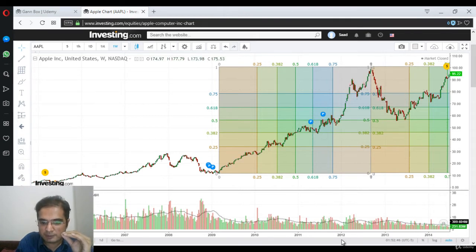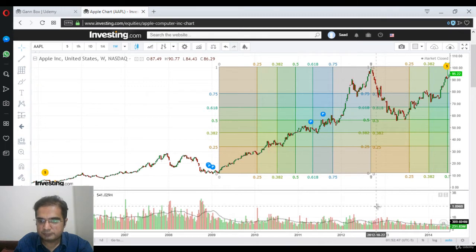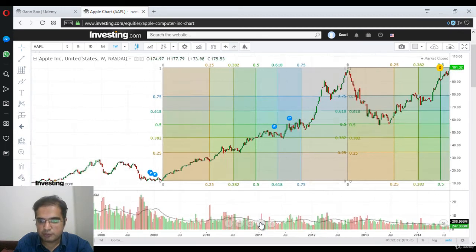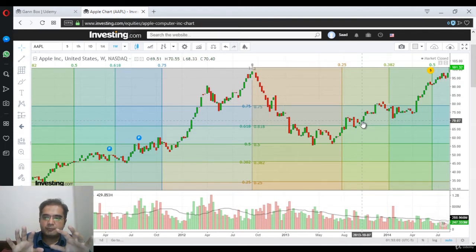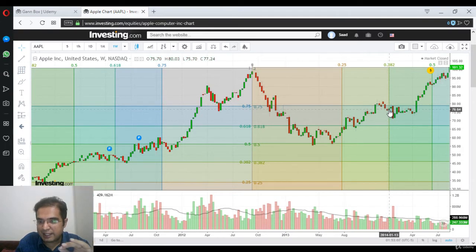If you look closely as we move forward, and if I just zoom in for you, you will see first off at the 25% mark, it had a stoppage for a few days. Then it rose up. Then again on the time frame, it had a stoppage.